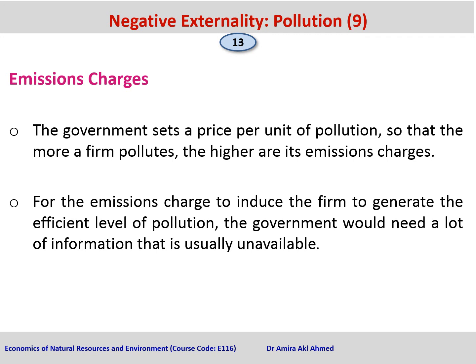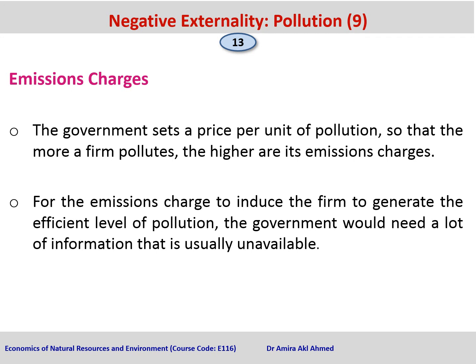The government can use emission charges, which are a price per unit of pollution. If the charges are set equal to the marginal external cost, the efficient outcome will be achieved. However, the government needs a lot of information that is not available to determine the correct amount of a charge.